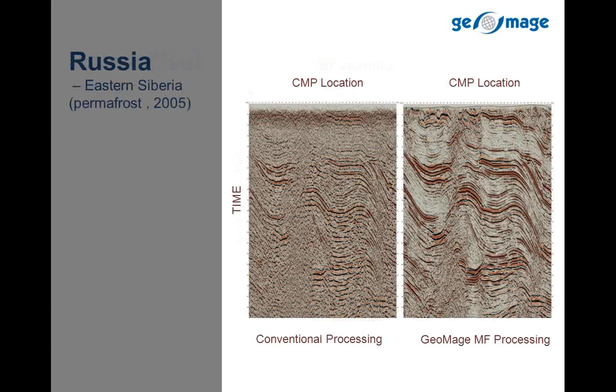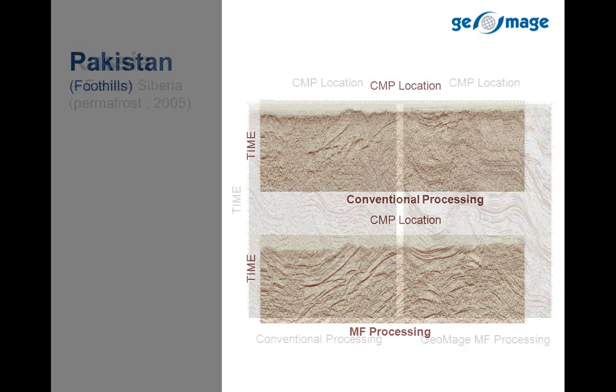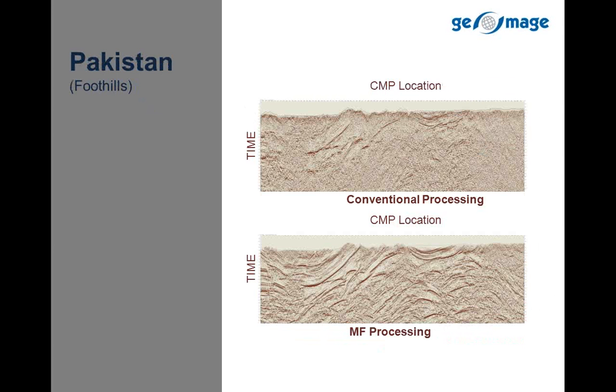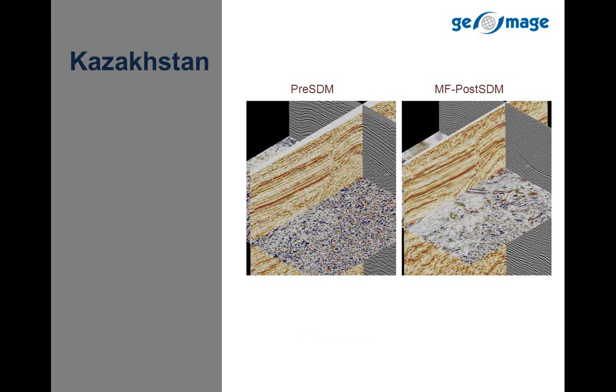All these examples are shown in many of our brochures you saw. Just compare conventional processing and multifocusing processing, and we see almost everywhere a dramatic improvement, an increase in signal-to-noise ratio in the 2D case, and here is an example of the 3D case, when the number of parameters is more than 3.